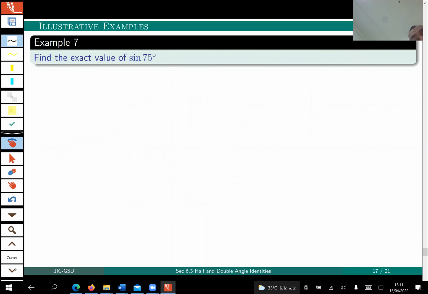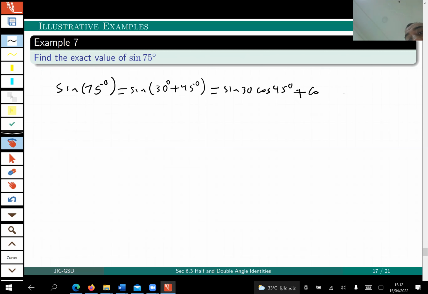Now, find the exact value. We have to be careful here because we could do it by 2 different methods. The first method uses the sum of angles identity, so we can write it as sine of 45 plus 30, which gives cosine 30 sine 45 plus cosine 45 sine 30, equal to root 2 over 2 times root 3 over 2 plus root 2 over 2 times 1 over 2, which is root 2 plus root 6 over 4.